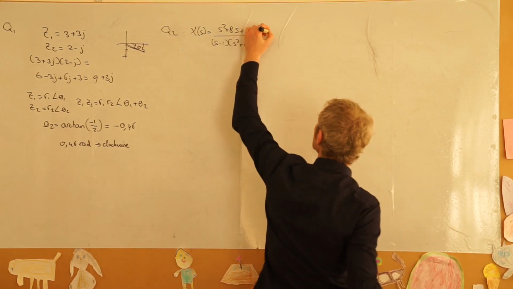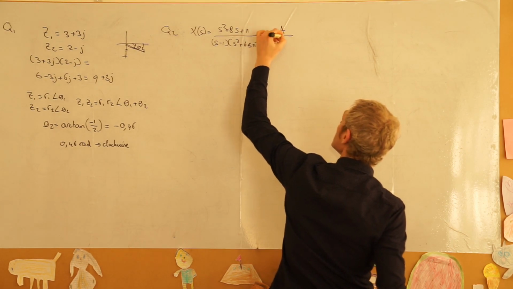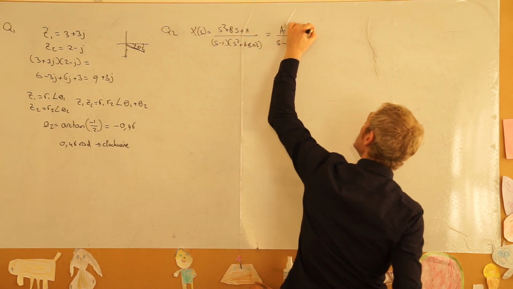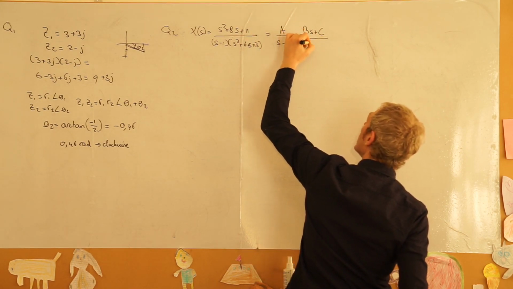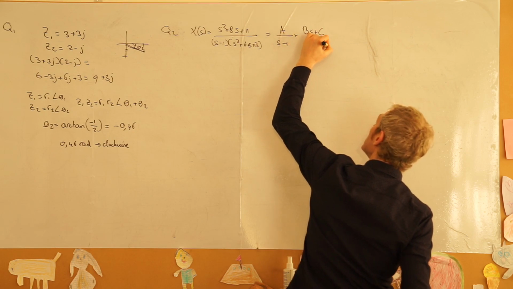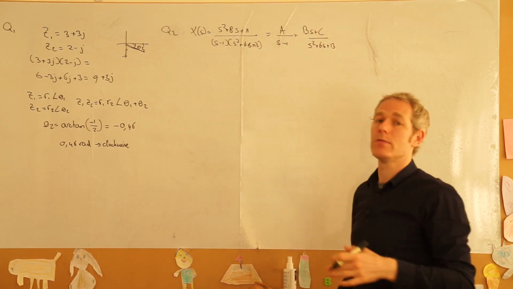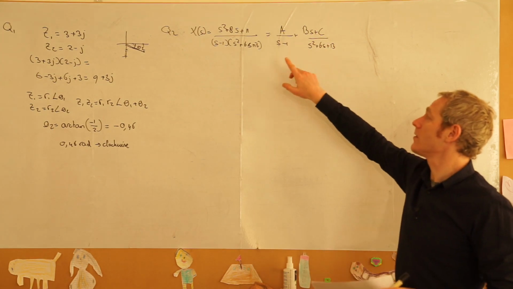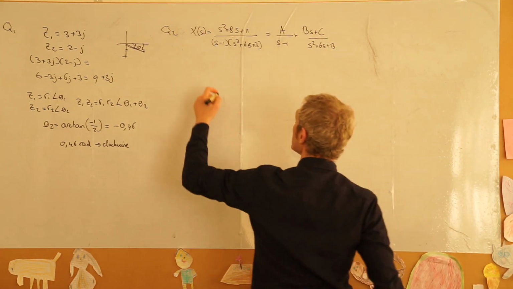So we will write this down as A over s minus 1 plus Bs plus C over s squared plus 6s plus 13, and then we multiply this out again so we get the same denominator.